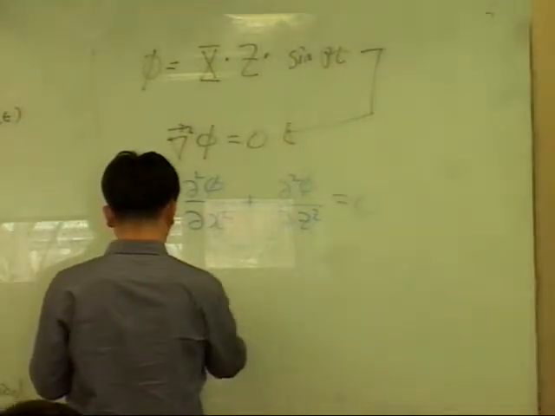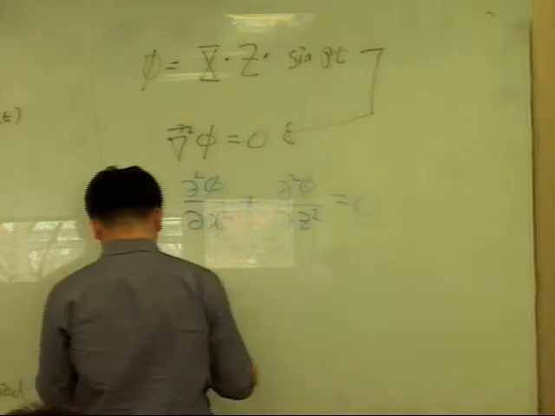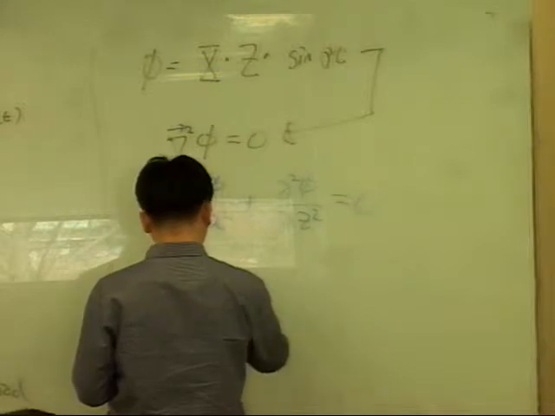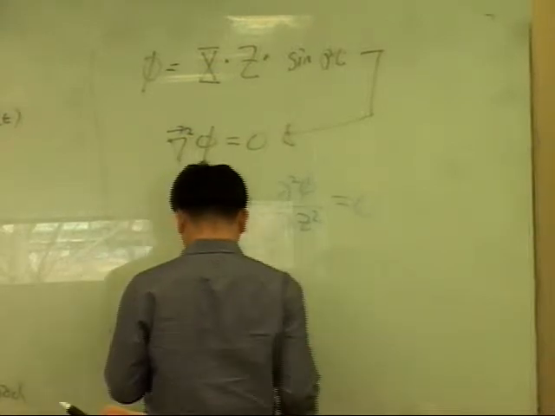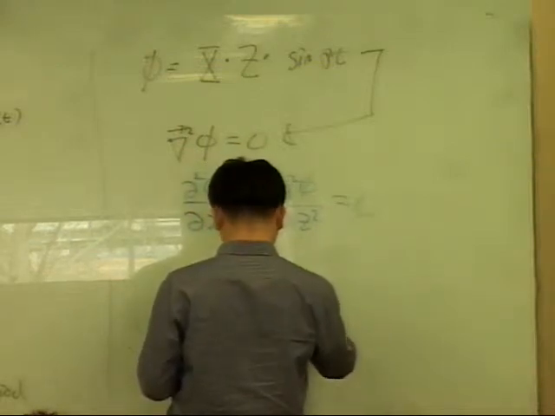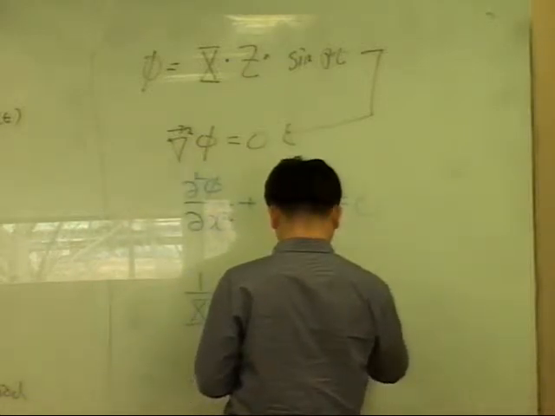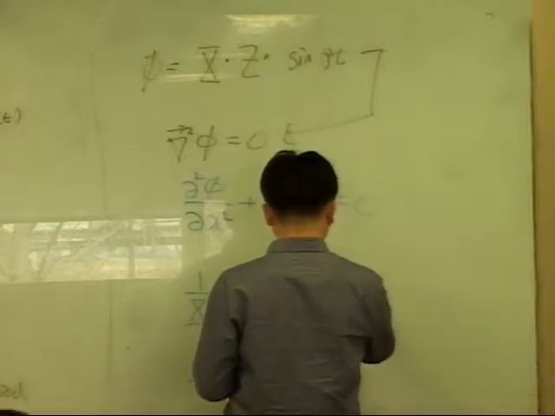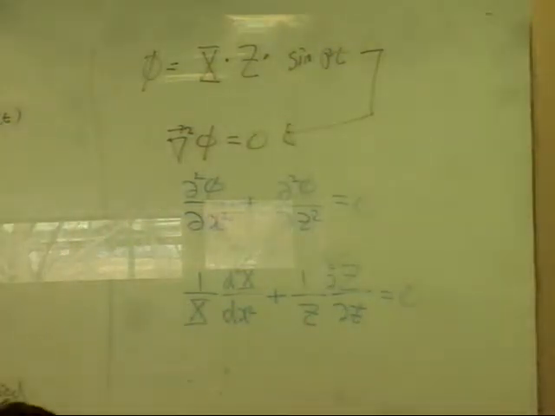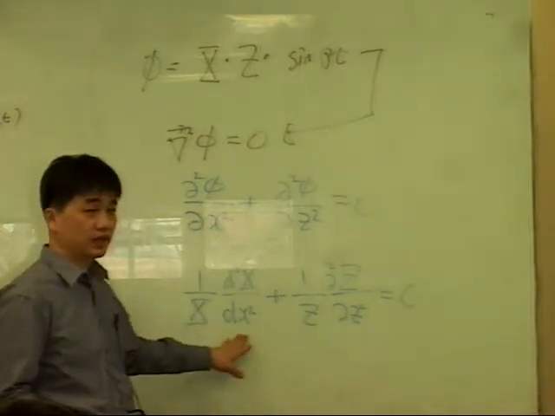Then we are going to have an equation. This is a very simple process. You can do it by yourself. d squared X over dx squared plus the g term equals 0. You're going to have this equation. Look at this equation. Here the first term is only a function of x.